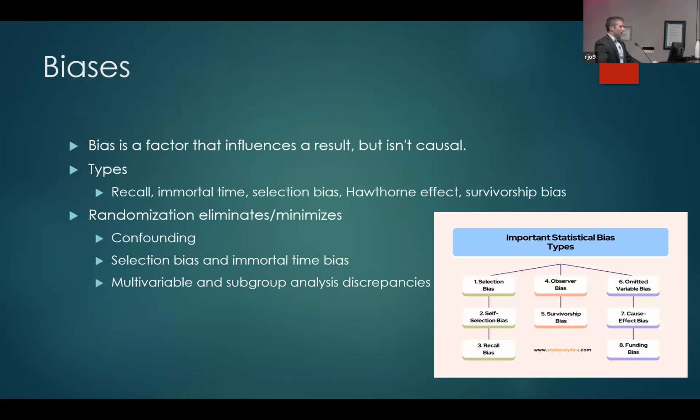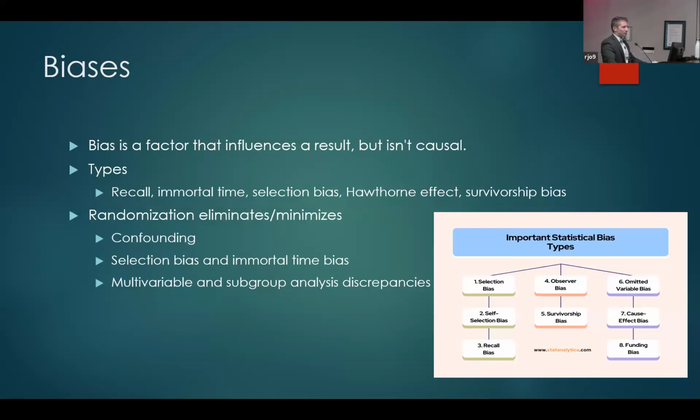All right. So a little bit about biases. A bias is a factor that influences a result but isn't causal. We learn a lot about these in medical school, but there are so many: selection bias, recall bias. We're going to talk a little bit about immortal time bias, survivorship bias, but it essentially influences your result and can cause you to have the wrong conclusion because it influences what's actually the cause of the subject that you're interested in.